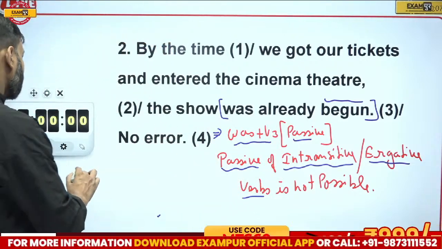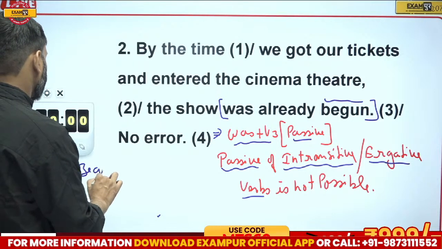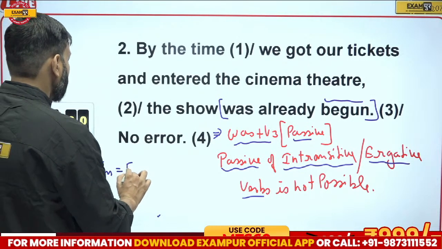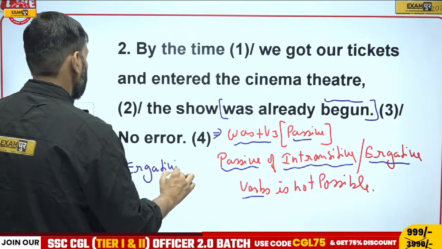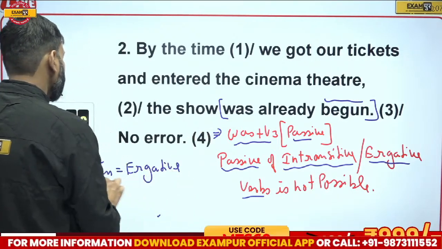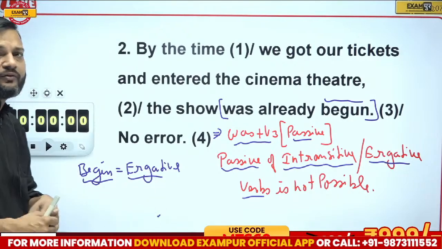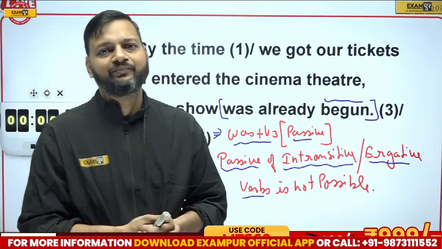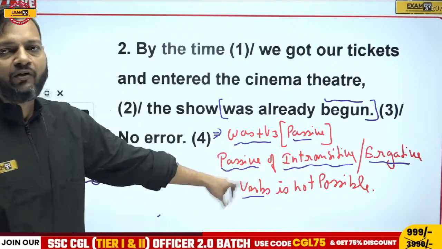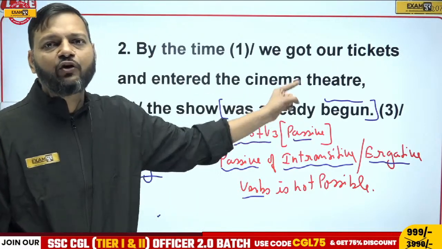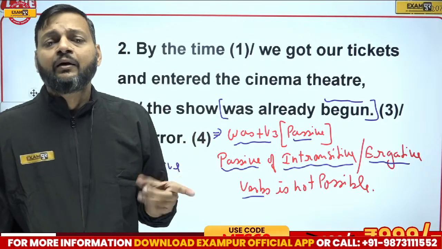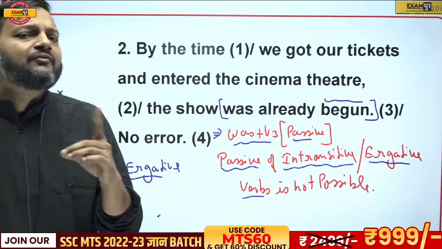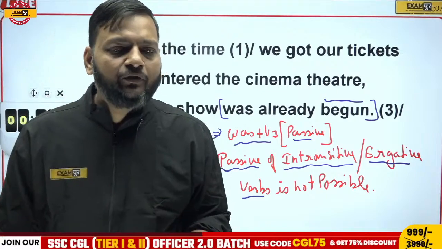And begin is an ergative verb. Since begin is an ergative verb, its passive is not possible. So link all three things. First, was plus V3, was begun, is a passive structure. Second, the passive of intransitive and ergative verbs is not possible.